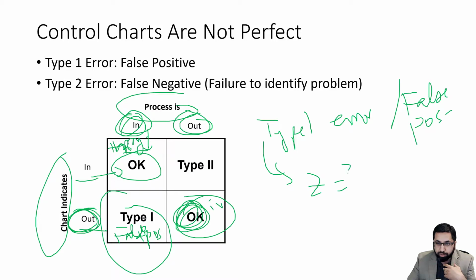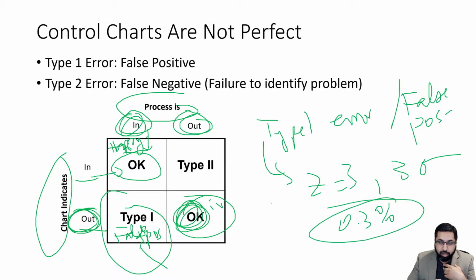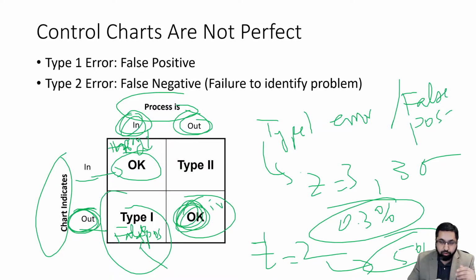If z equals 3 and you have a 3 sigma control chart, the probability of a false positive is 0.3%. If you have z equals 2, it's a 2 sigma control chart, the probability of a false positive is a whopping 5%. And a 4 sigma control chart is much lower than 0.3%, so there are very few false positives. Type 2 error means the chart indicates you're in control, but in reality you're out of control.